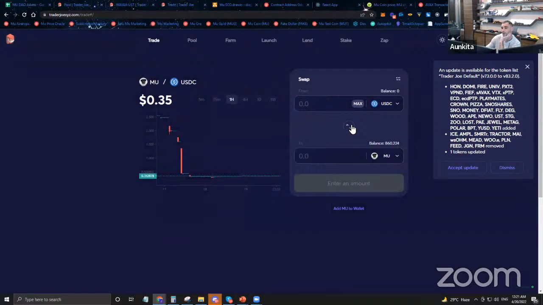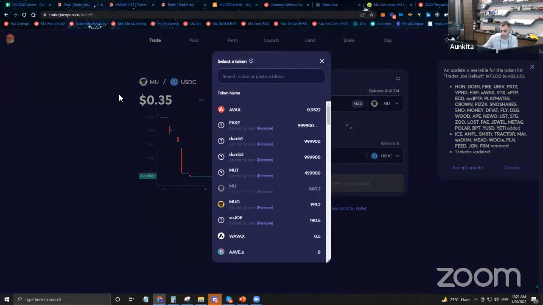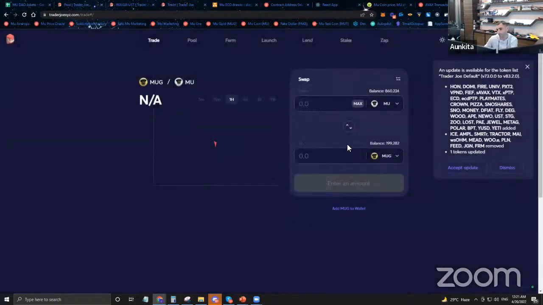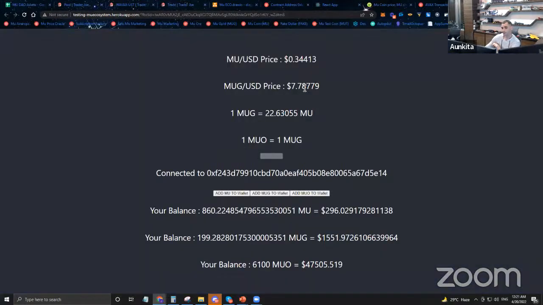And then basically we can create more value in the ecosystem by making this change. But when we make this change, we're basically only going to be affecting this price.